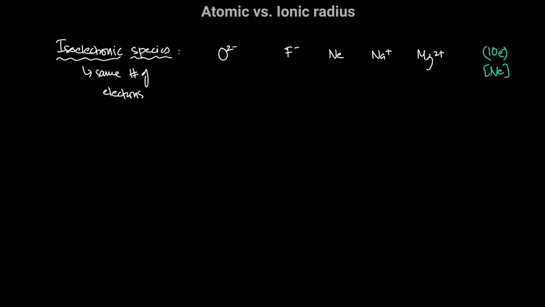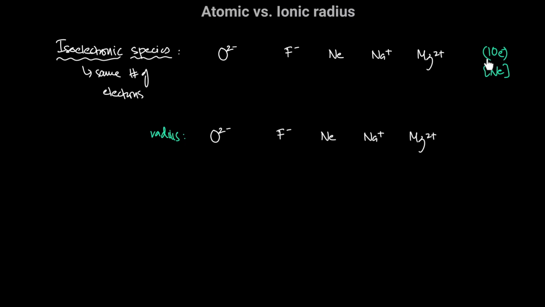And the question is, what is the trend in their radius? If I want to compare the radii for each of these species, which would be the largest and which would be the smallest? We know that the oxide ion would be the largest and the magnesium ion would be the smallest.